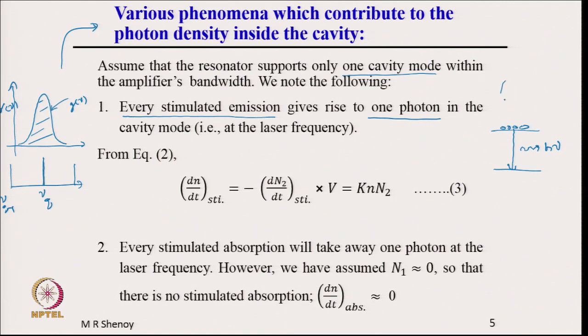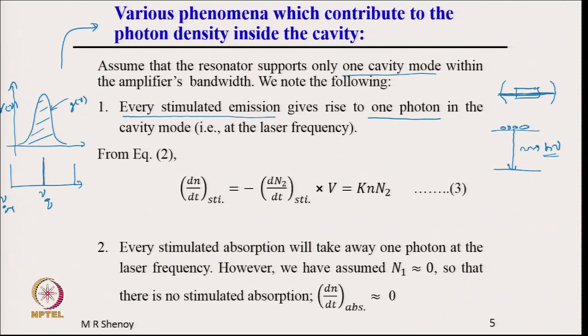Please see that the laser is here and this is the amplifying medium. So, light is going back and forth and building up here, and that is the cavity mode building up as it goes back and forth. So, every stimulated emission will contribute one h nu to the cavity mode. That is the meaning of this statement, that is at the laser frequency.